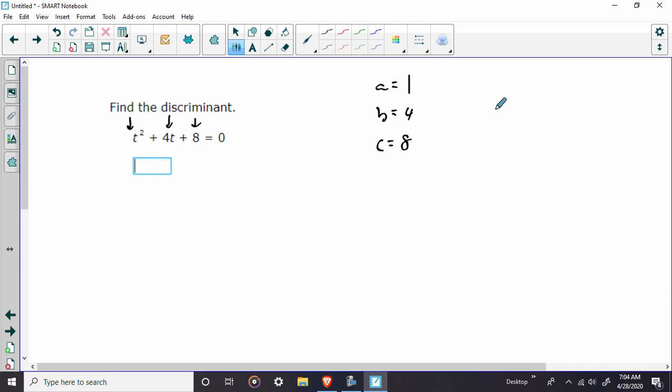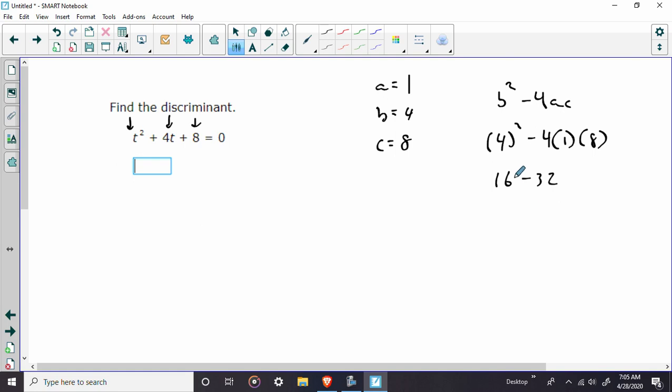So what are we going to say? We want to know what's b squared minus 4ac. Well, b is 4, so we're going to say 4 squared minus 4, a was 1, and c was 8. Well, 4 squared is 16. Okay, and negative 4 times 1 is negative 4, and negative 4 times 8 is going to be negative 32.